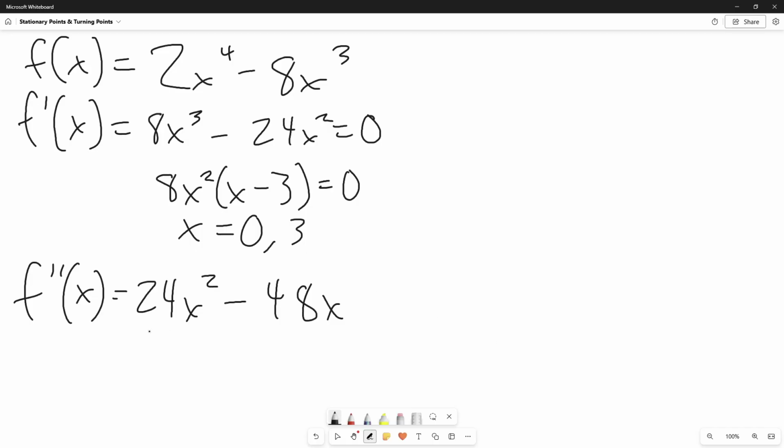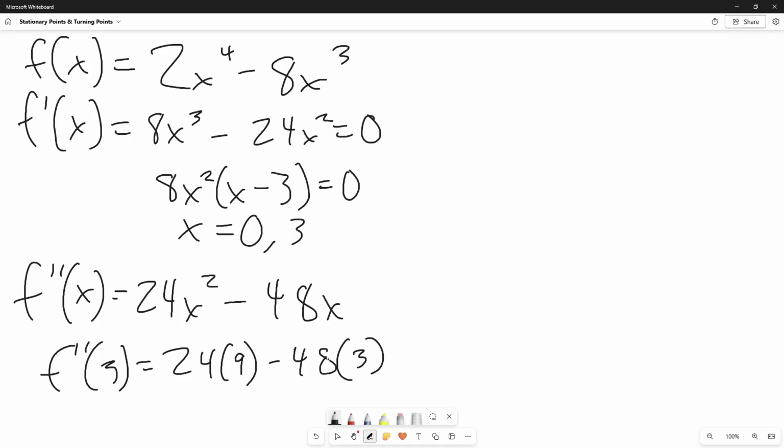But let's try 3. So f double prime of 3 is equal to 24 times 9 minus 48 times 3. And this is going to be positive. You don't really have to calculate the actual value, because if you know it's positive, then that means it's concave up, which means it's a minimum.